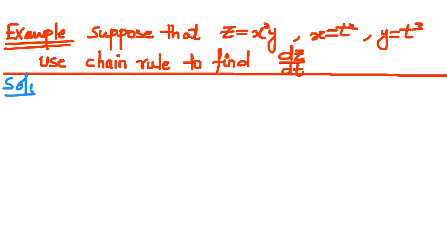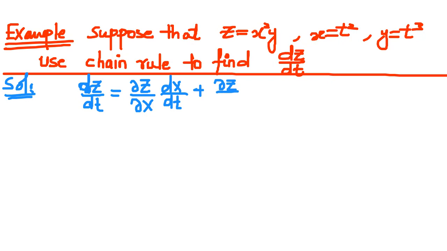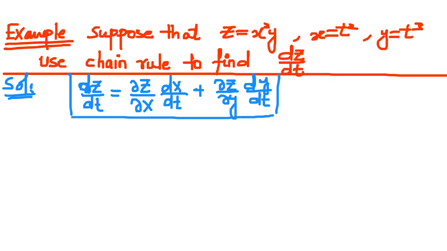When you have two functions x and y that are functions of one variable, the chain rule is dz over dt equal to partial z over partial x times dx over dt plus partial z over partial y times dy over dt. Okay, so this is the formula, you write it.